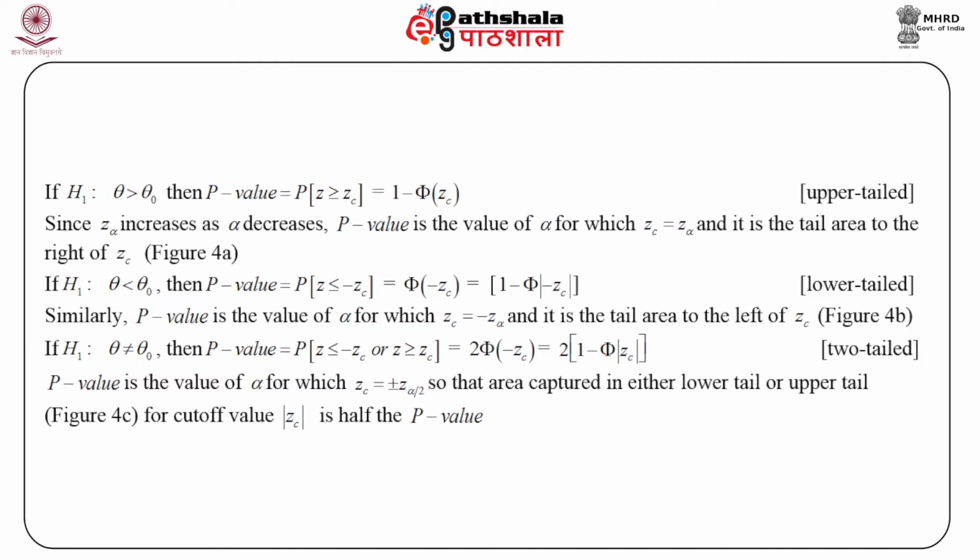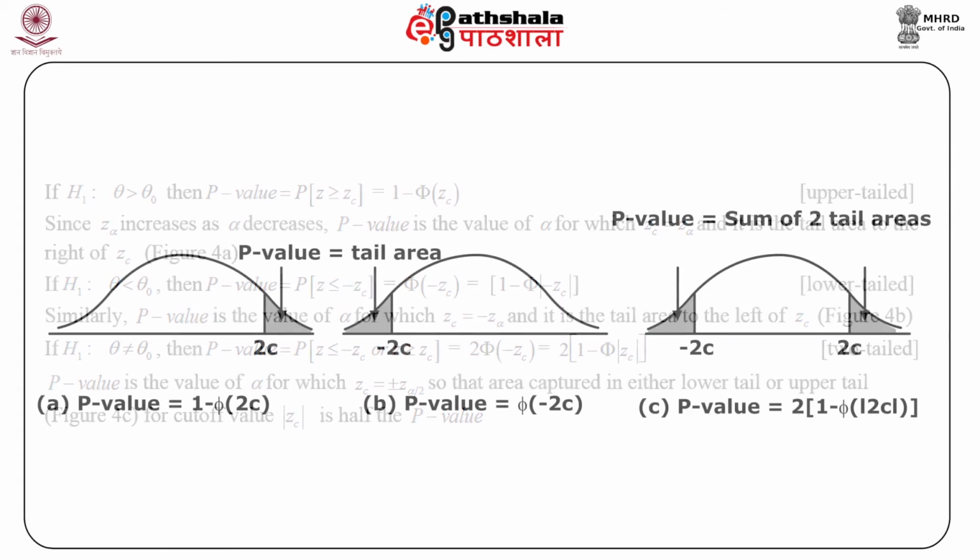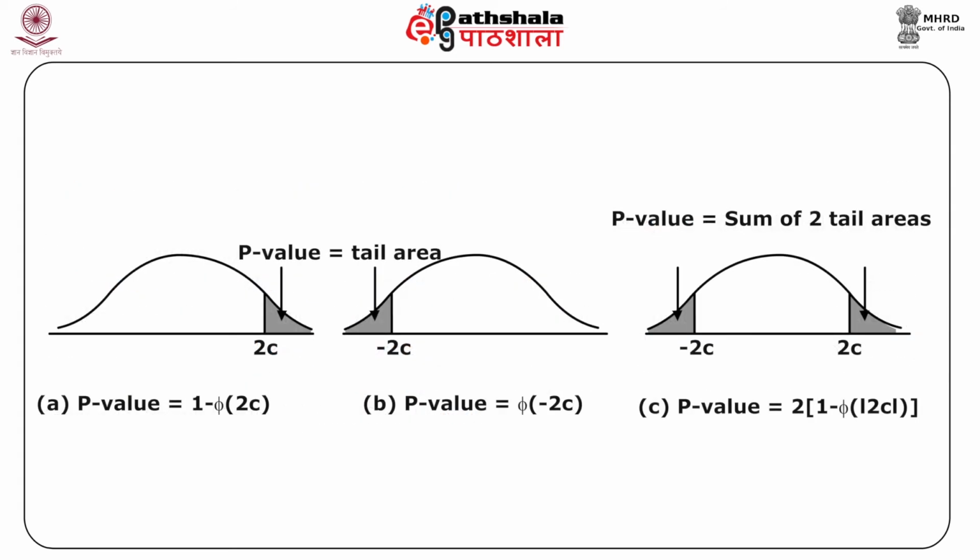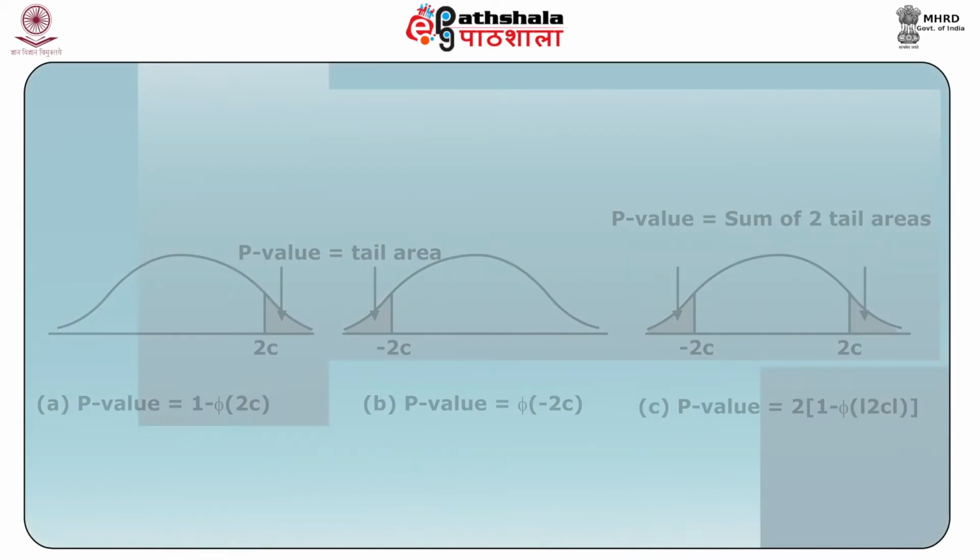Now, the p-value is the value of alpha for which ZC is equal to plus or minus Z alpha by 2. So that is the area captured in either the lower tail or the upper tail, which is figure 4c, and for the cutoff value modulus ZC it is half the p-value. I am sure you can all observe these three diagrams for a, b and c and see how we have tested the upper tail, lower tail and both the tails in these diagrams.